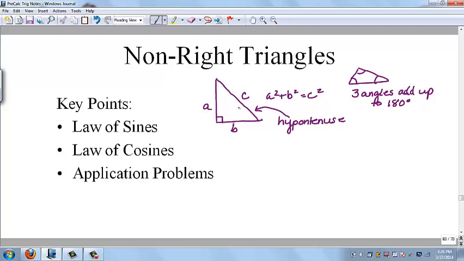So another thing that you know is that the longest side of the triangle is across from the largest angle. And also, the smallest side is across from the smallest angle. When I make the angle symbol, I make it with an arc through it because it looks like a less than sign.